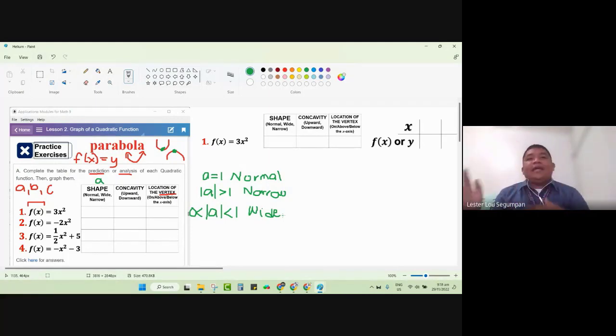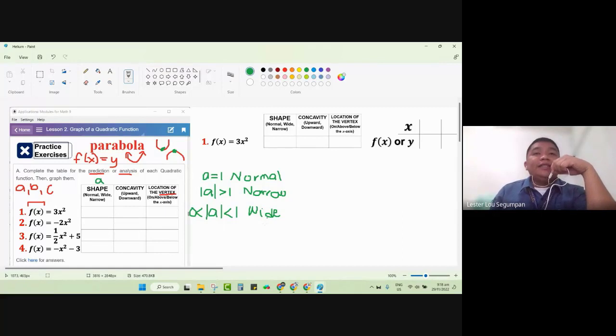It's wider like that. Okay? So these are your determinations of the shape of the parabola. By the way, a can no longer be equal to 0, because if a is 0, that would mean that we no longer have a quadratic function. It will just become a linear function.